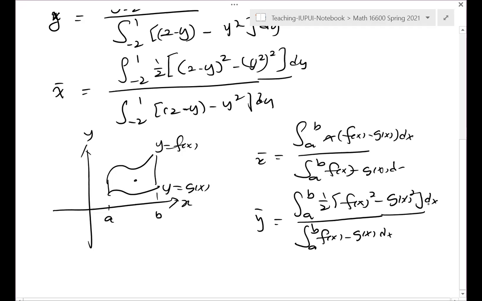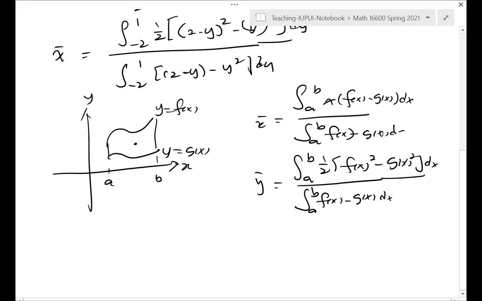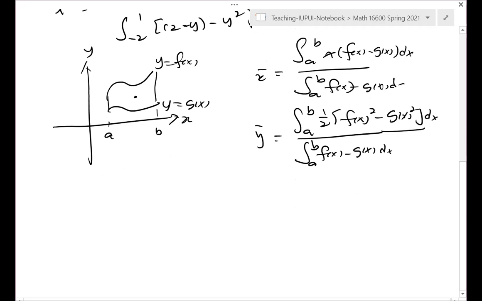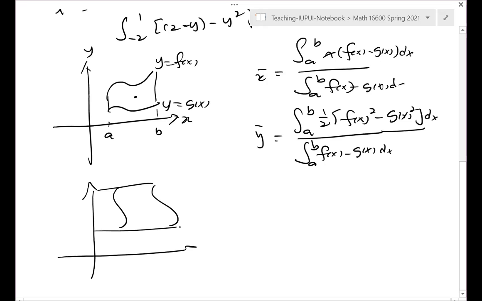Okay, and if the region is bounded by two functions, x equals f of y, x equals g of y, then all you have to do is replace x by y. But be careful which one is first. Okay, so this is a picture, right? Here's x equals f of y, x equals g of y, and this is c and d.